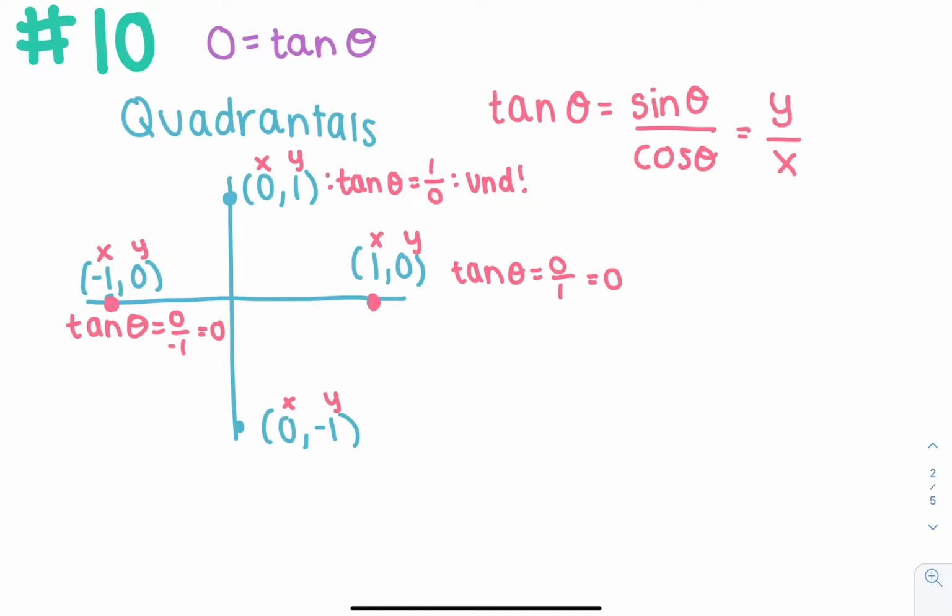So again, this point works. And last up, we have tangent of theta is -1 divided by 0, which again is undefined because you can't divide by 0. So we realize we have 2 points, here and here, where tangent of theta is equal to 0. So those angles are 0 degrees or 180 degrees.